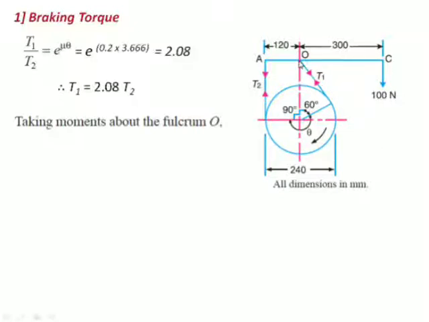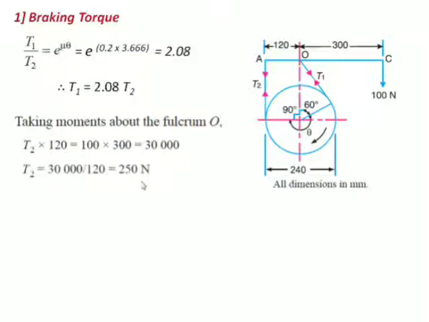So we have this 100 Newton force producing clockwise moment as it is on the right side and going downwards, and this T2 on the left side going downwards will produce anti-clockwise moment. So clockwise moment should be equal to anti-clockwise moment as per the equilibrium conditions. So T2 multiplied by 120 should be equal to 100 multiplied by 300, that is 30,000, and finally we get the value of T2 as 250 newtons.